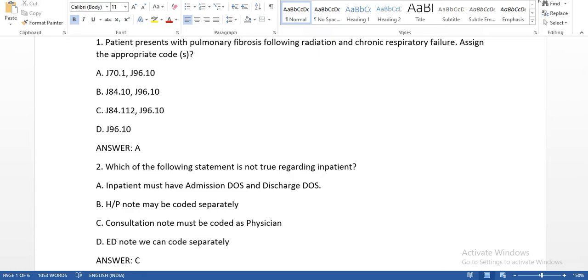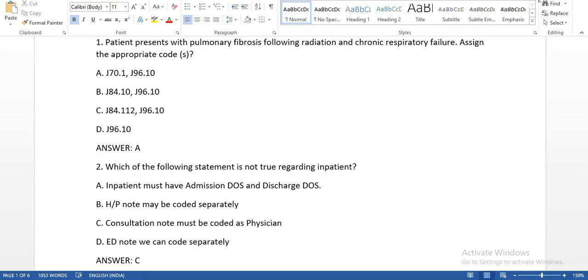Now we need to check how to find these two conditions in the ICD-10-CM book. For pulmonary fibrosis, you need to check fibrosis, then lung, then following radiation. It leads to J70.1. Then we look for respiratory failure: failure, respiratory, chronic.